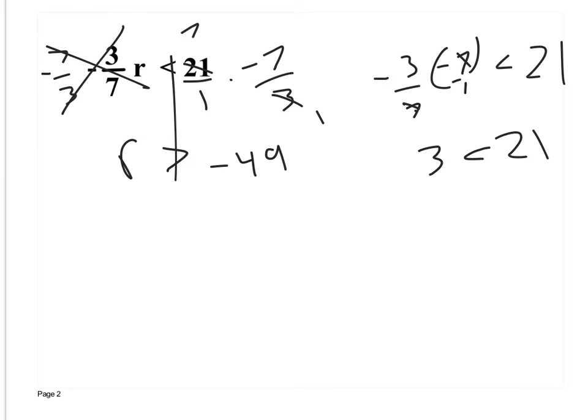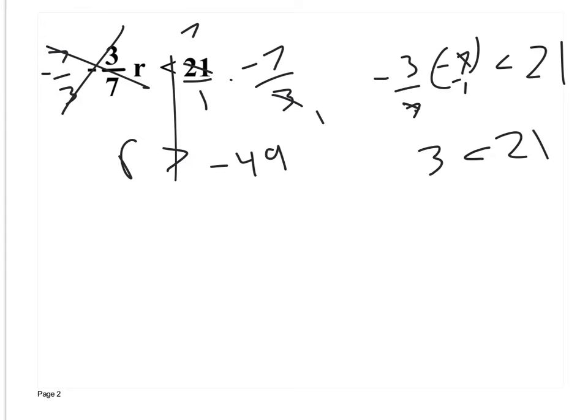If I picked a number that was smaller than negative 49, let's say I hadn't changed this sign and it says R is less than negative 49, and I pick a number that's less than that, guess what? This would be false, right? So you practically switched the sign. So if I multiply by a negative number, I have to change my sign to keep it true.